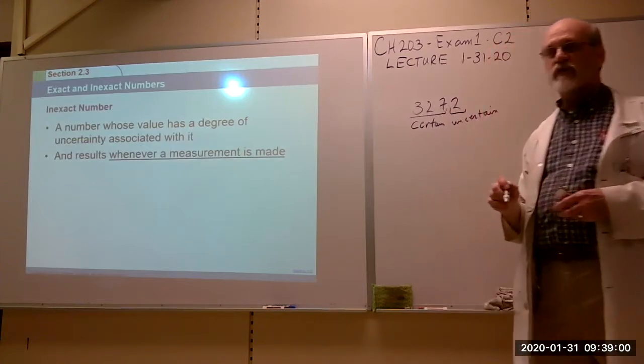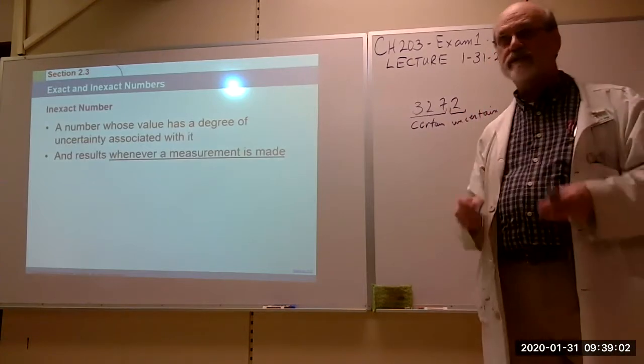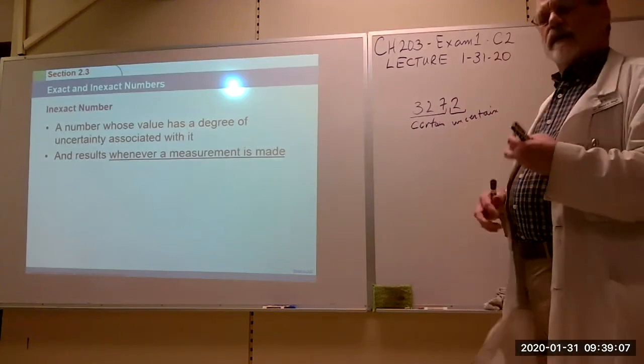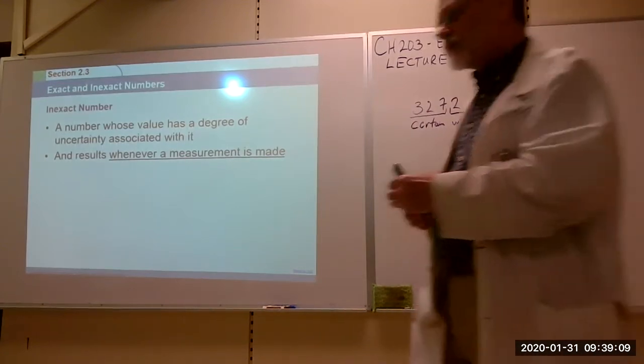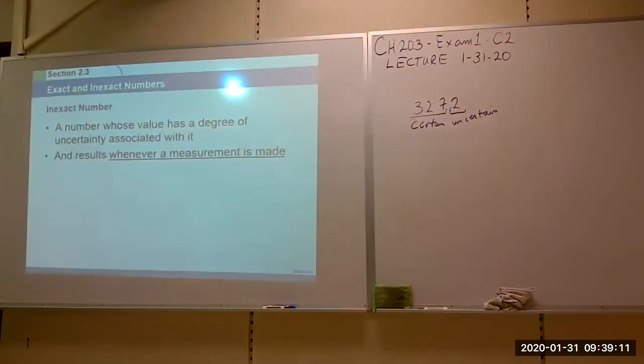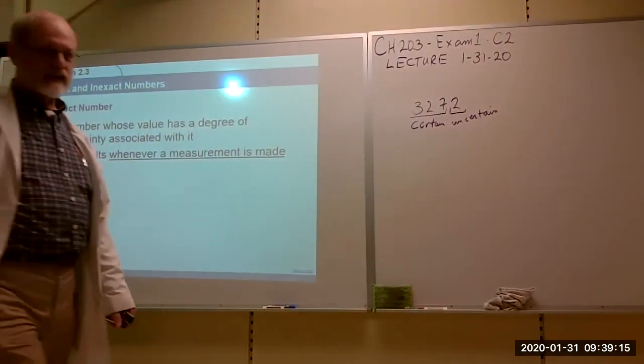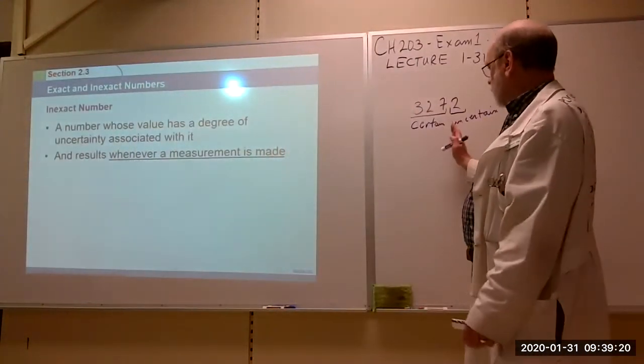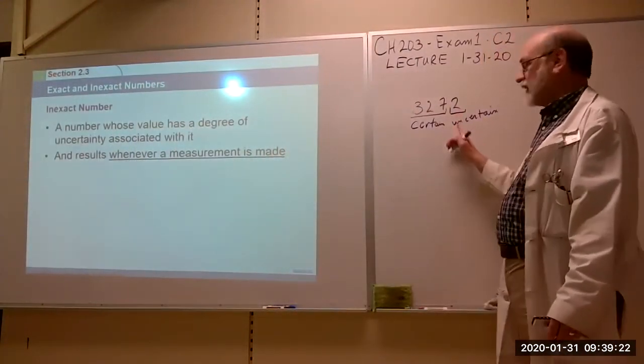So what do we mean by uncertain? It's a guess. It's just a guess. But any scientist that looks at your data, looks at a number that you produce, automatically assumes that you have given them that number with certain values, and the very last one is uncertain.